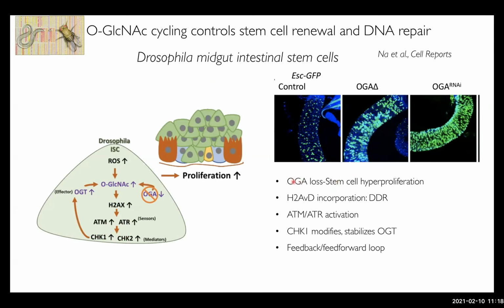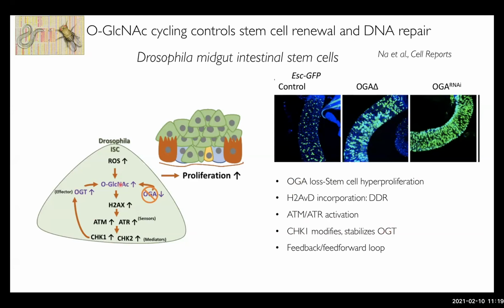Looking at its root causes, we found that it was due to the activation of DNA damage control. H2AvD Drosophila, which is the H2AX homolog, was incorporated into those stem cells at a very high degree. ATM, ATR, canonic kinases associated with DNA damage were activated, and CHK1 was shown to both stabilize and modify OGT.